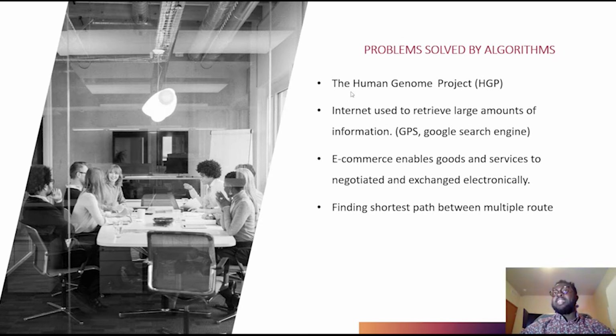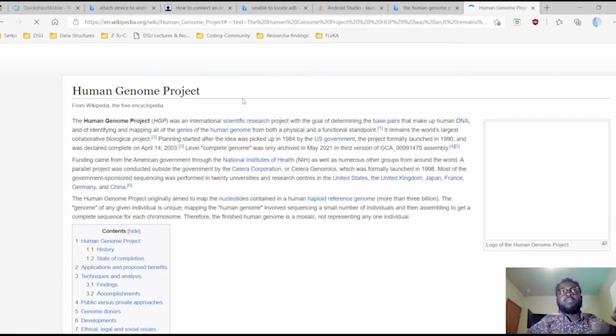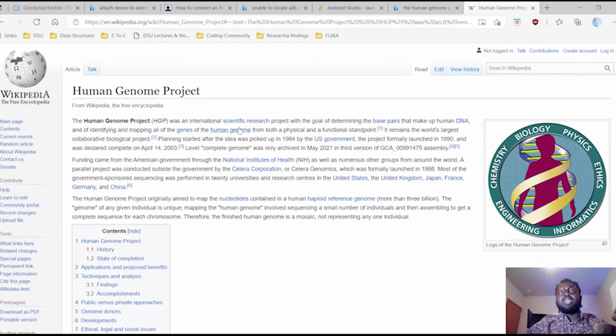The last problem that I'm going to spend a little time on will be the Human Genome Project. We are going to read a little bit about the Human Genome Project from Wikipedia. It is a scientific research project with the goal of determining the base pairs that make up human DNA and of identifying and mapping all of the genes of the human genome from both physical and functional standpoints.